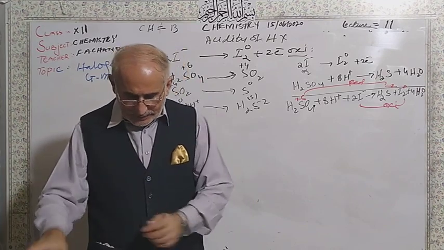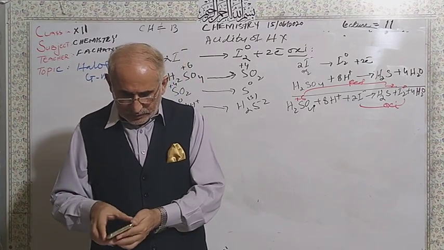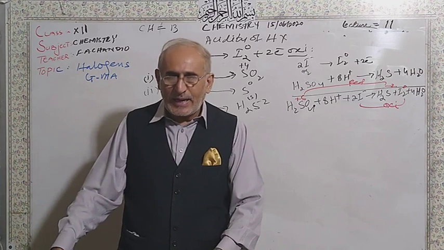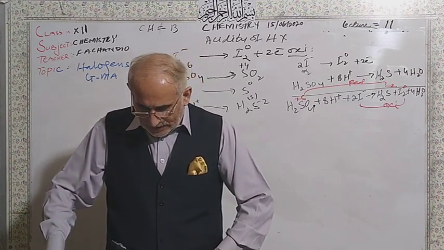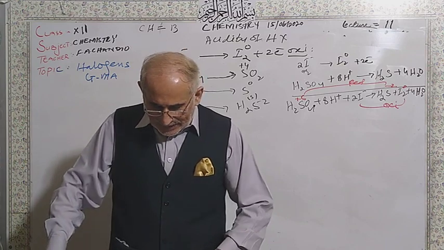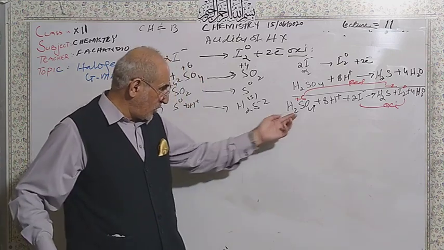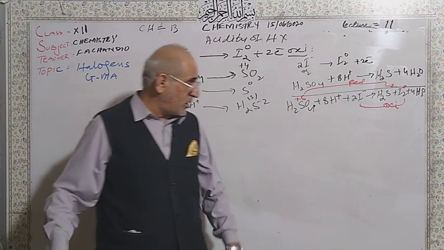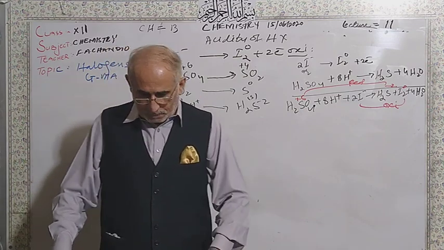When a halide ion acts as a reducing agent, it gives an electron to something else. This means that the halide ion itself loses an electron, from negative to zero, so there is oxidation, there is loss of electron.